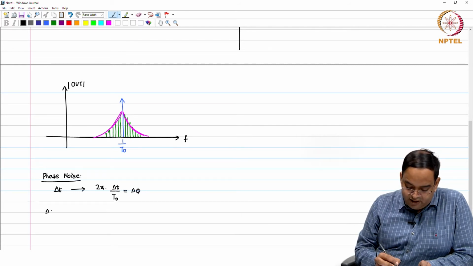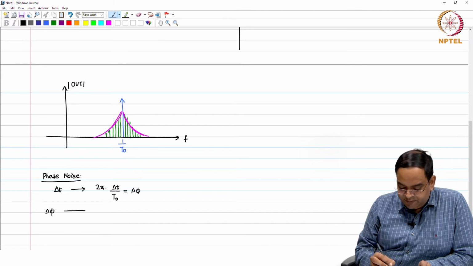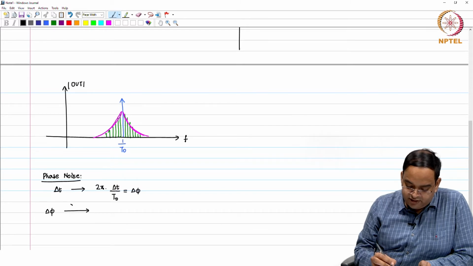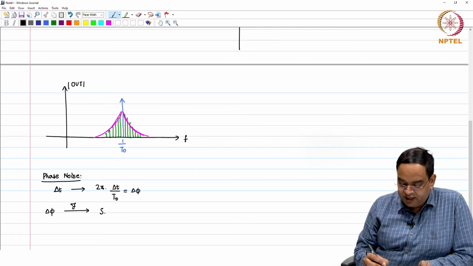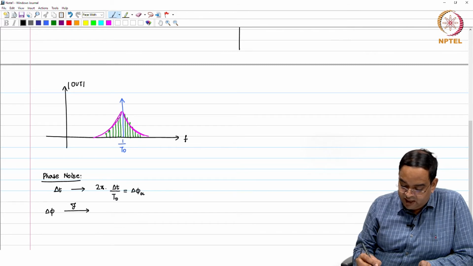From delta phi, if you look at the frequency spectrum of delta phi, either you do Fourier or you do Laplace, right. The frequency spectrum of delta phi, I will write it as delta phi out.